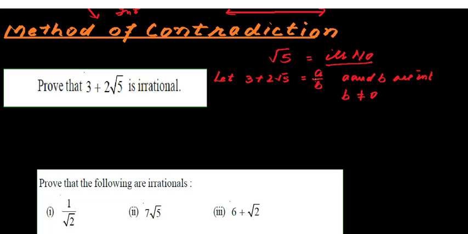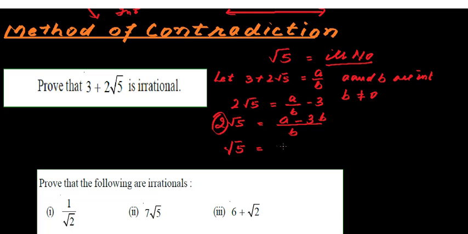If I take this 3 here, what will you get? 2 √5 is equal to a upon b minus 3. Take LCM. 2 √5 is equal to a minus 3b upon b. Divide both sides by 2. √5 is equal to a minus 3b upon 2b.